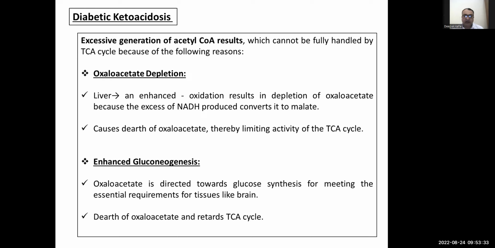More fatty acids will be mobilized, by means of the increase in the counteracting hormone of insulin, glucagon, and that will activate the hormone sensitive lipase, increasing more free fatty acids, so that free fatty acids will move to the circulation, and from here they will come to the liver cells, and in the liver cells more acetyl-CoA will be formed, and at that time more ketone bodies will be synthesized. Similarly, the TCA cycle will be halted because more of the oxaloacetic acid will be diverted towards the formation of glucose at that time.